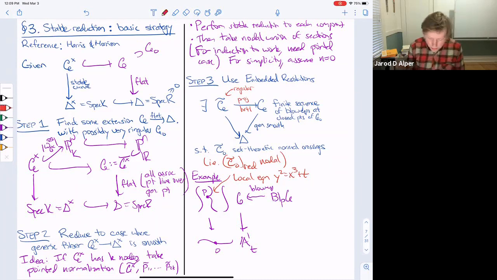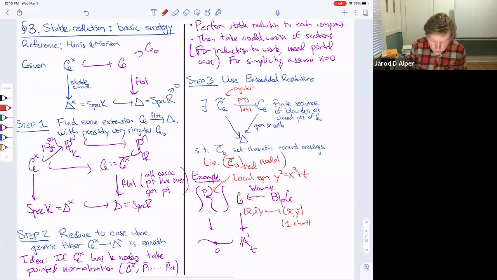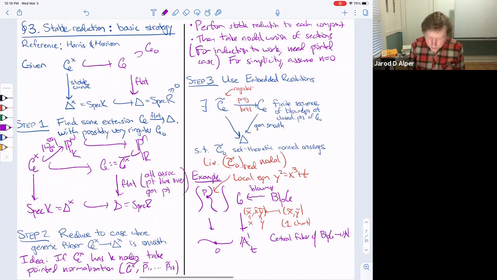And so in the blow up, let's just look at a local chart. So x tilde, y tilde. So this is just in one of the two charts. This maps to x tilde, y tilde, where this is our equation for x and this was our y. Right, and so now what's the central fiber of this blow up over A1?